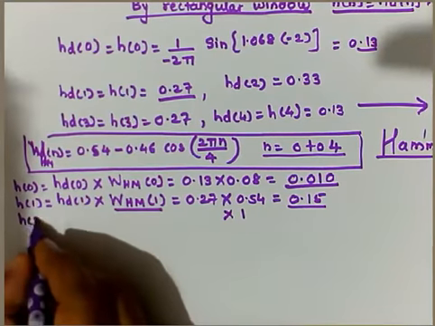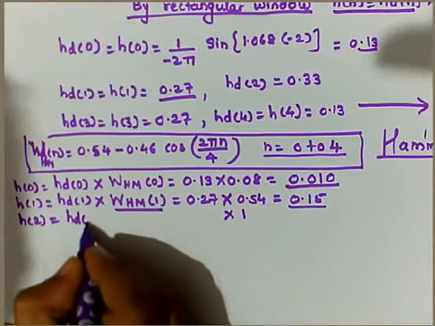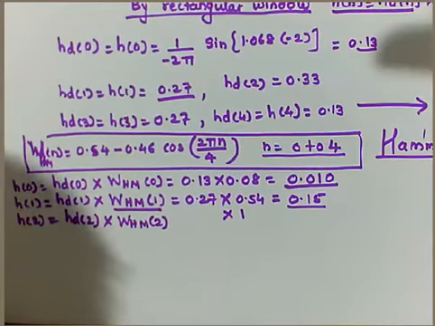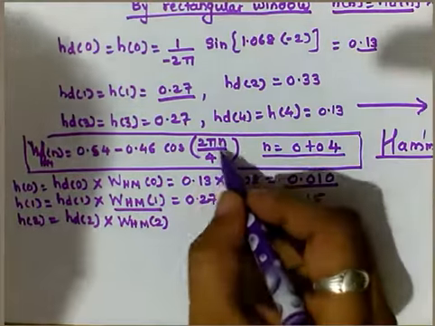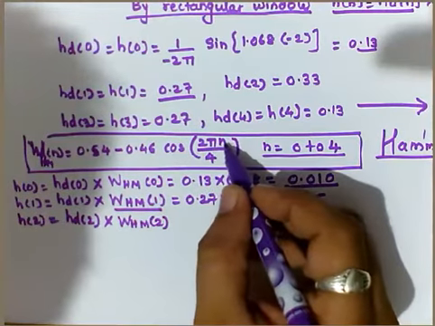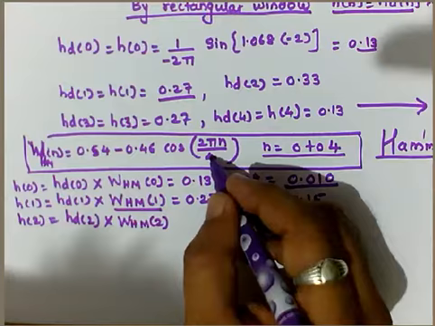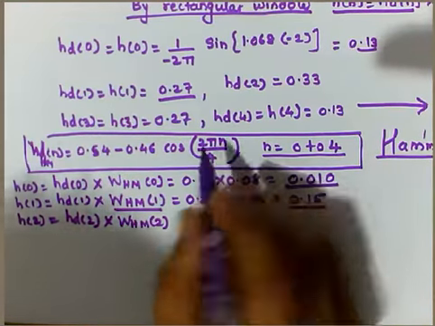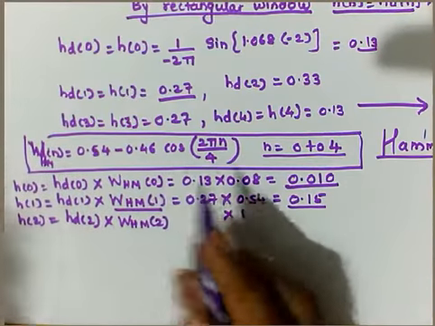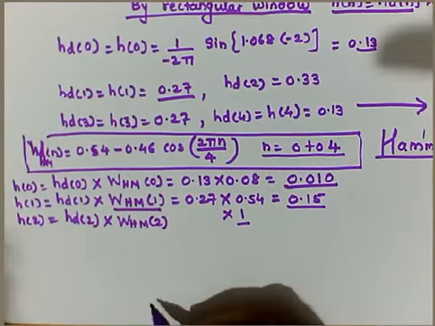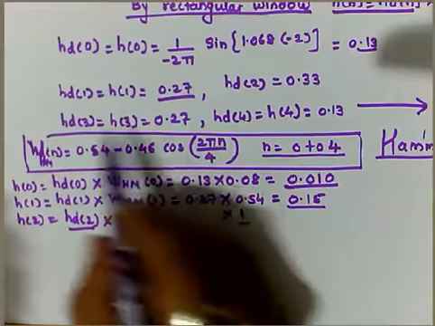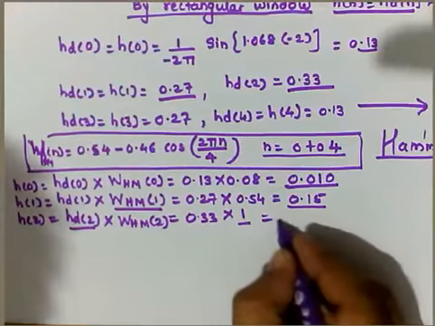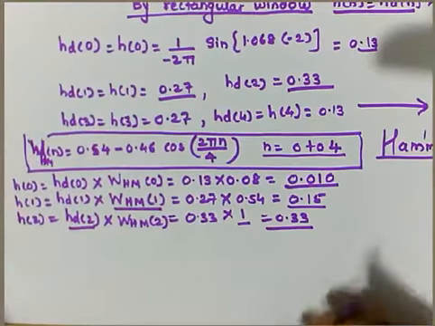So h of 2 is equal to hd of 2 into WHM of 2. Sorry, 2 means 2 pi over 4, so cos pi results in minus 1, and that's why 0.54 plus 0.46 results in 1. What is hd of 2? It is nothing but 0.33. So this value will be 0.33.